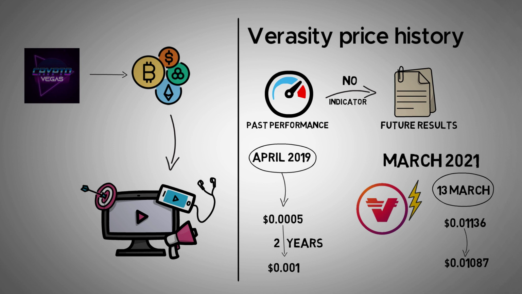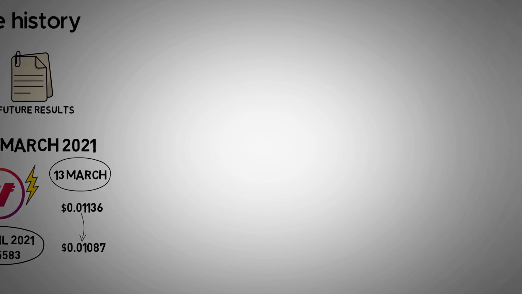The overall trajectory at this time was upward, and on 17 April 2021, it reached a periodic high of $0.05583. The price started to float back down, and this price reduction was exacerbated by the events of 19 May 2021's Great Crypto Day crash, with the price dropping below the cent mark for the first time since March.